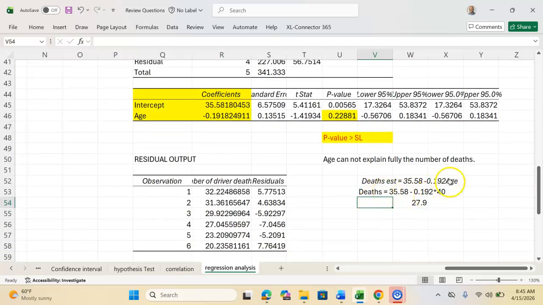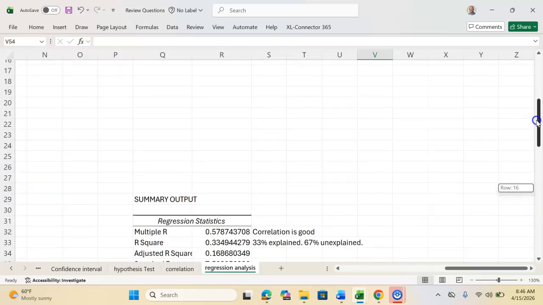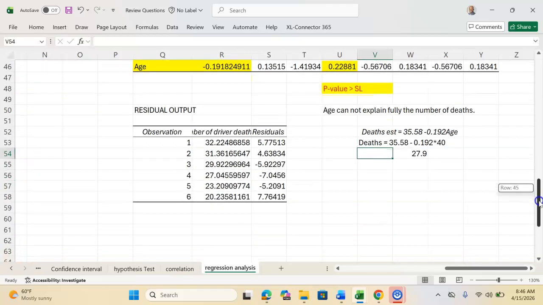So the age we considered was 40, and we get 27.9. Again, you can see that we have these estimated values and the residuals. So these estimated values can be compared to observed values.